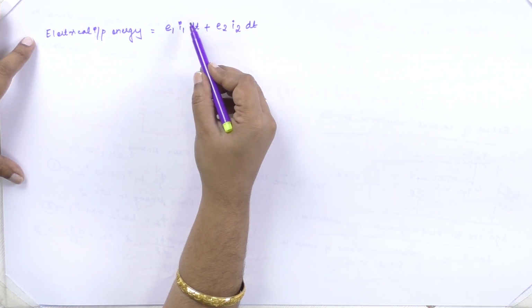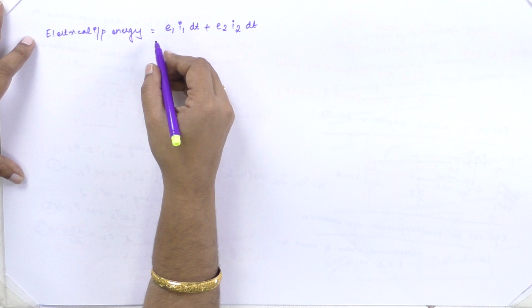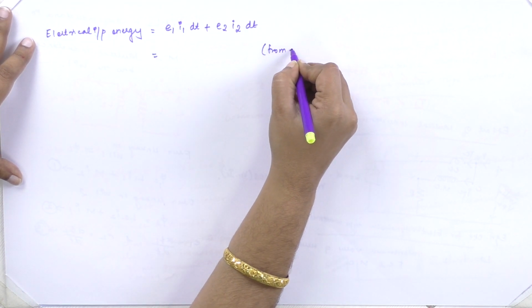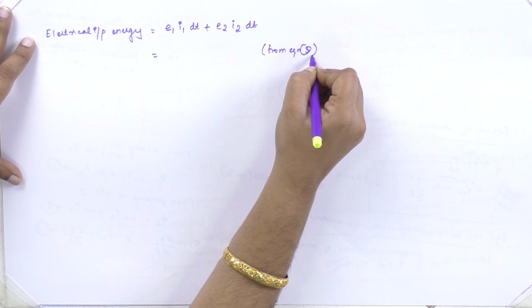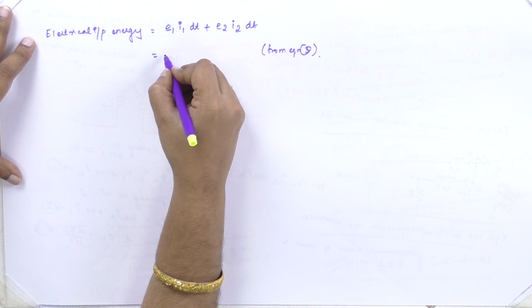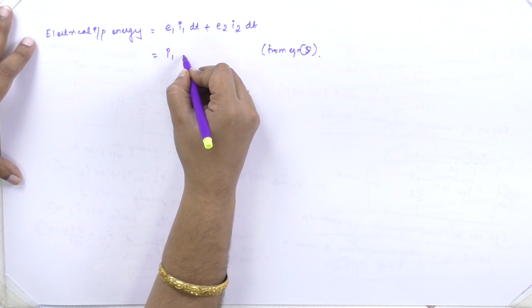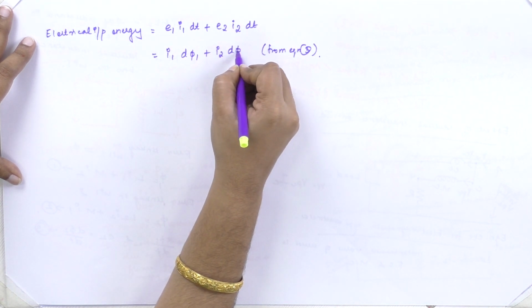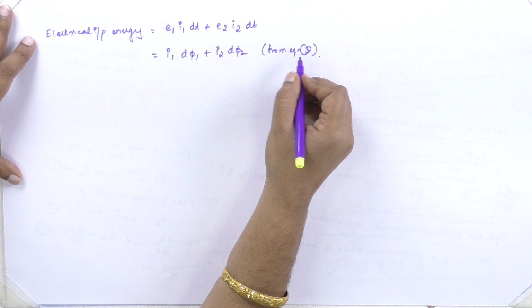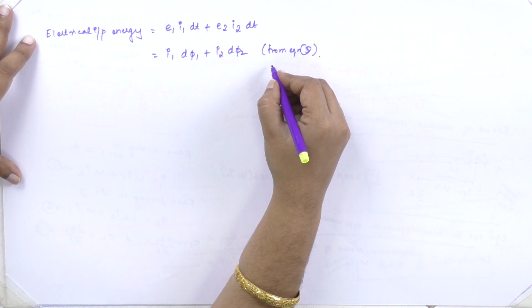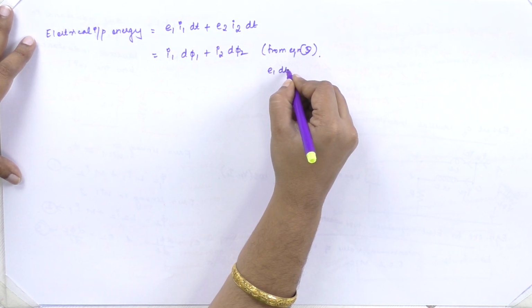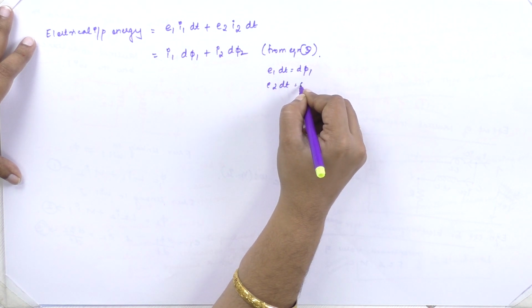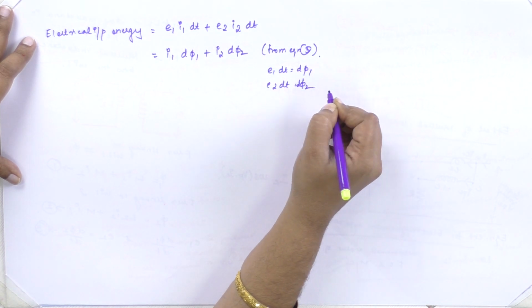So from equation 3 we can rewrite this as I1 into d phi 1 plus I2 into d phi 2, since from equation 3 we know that E1 into dt is equal to d phi 1, and E2 into dt is equal to d phi 2.